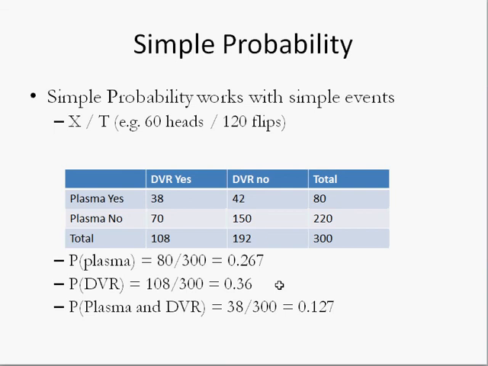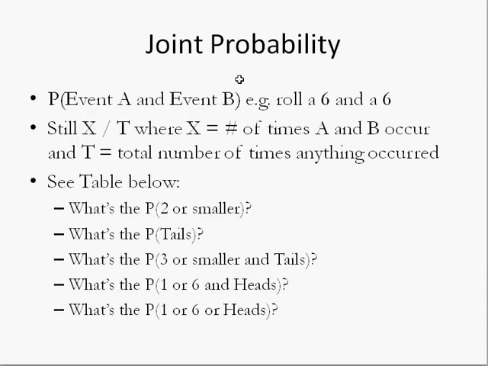And now we can also extend this idea to think about, well, what's the probability that I purchase both a plasma and a DVR simultaneously, both of those things? Well, that's 38 out of 300. So if we think like that using a contingency table, we've actually extended into the realm of joint probability, where we think about doing two things at once.